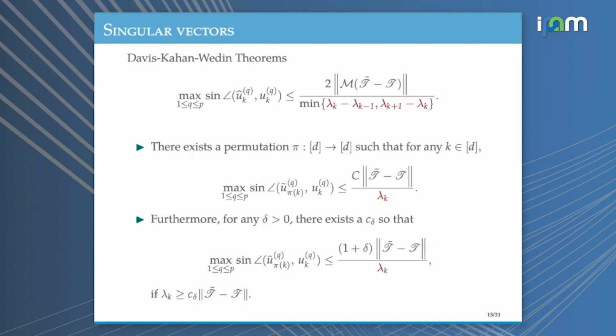So what's the implication? If you have two singular values very close to each other, just adding a little bit of noise, you won't be able to estimate any of the singular vectors because they will be messed up, because the eigengap here is too small.